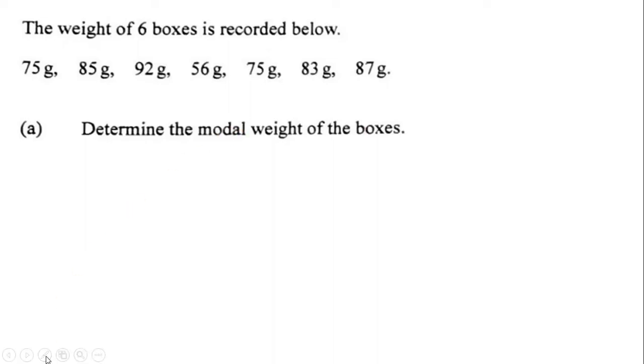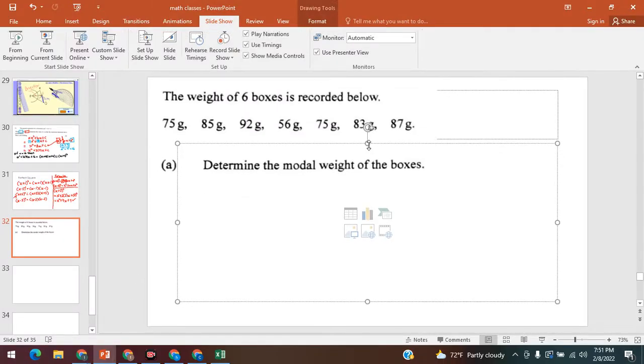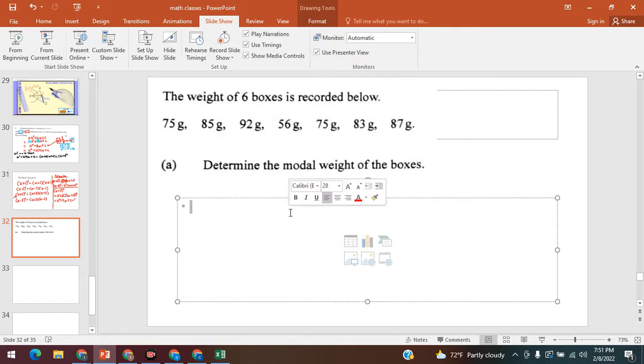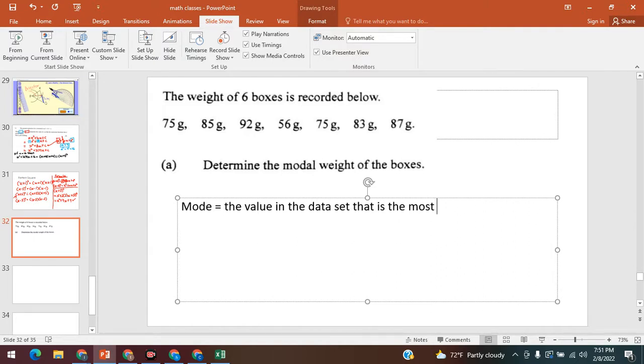What is the mode even before we talk about that? The number that comes most frequently. Yes, it is the value in the data set that is the most popular, or the one that occurs most.